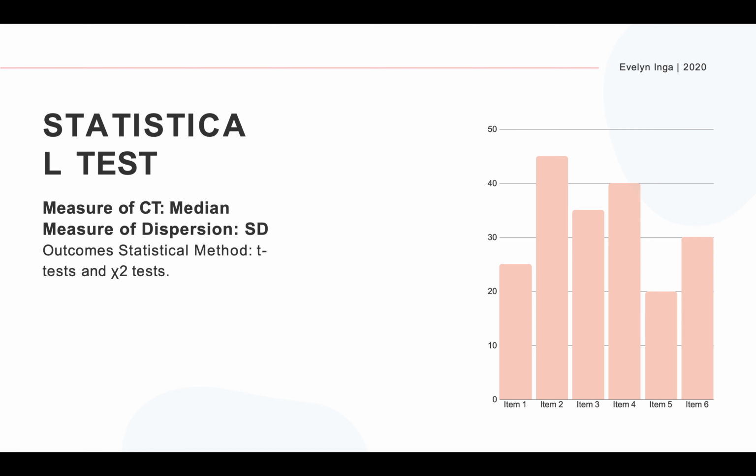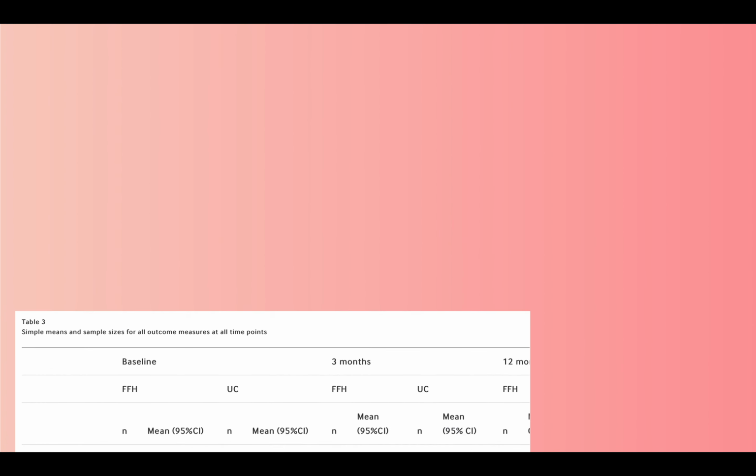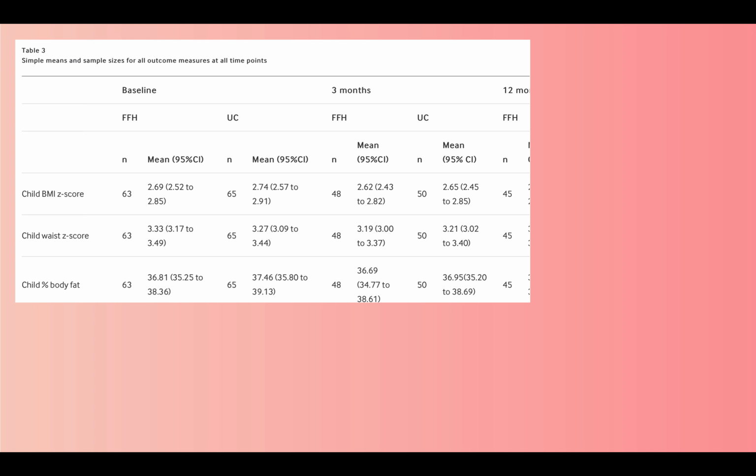It will be an ordinal variable. Why? Because good is absolutely better, is above bad, and very good is above good. And how we analyze these dependent variables is that we have to use chi-square because they are categorical. So this is the information.